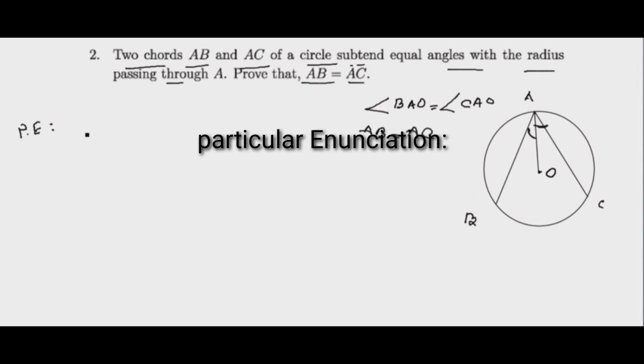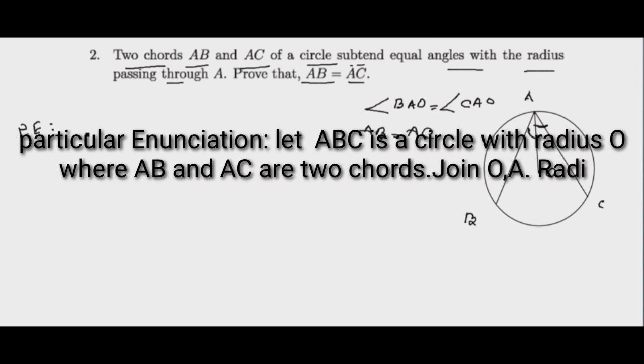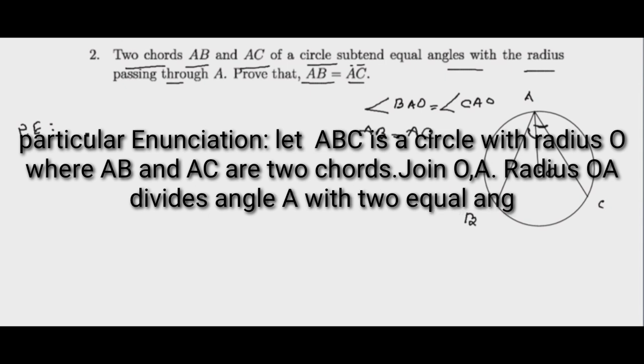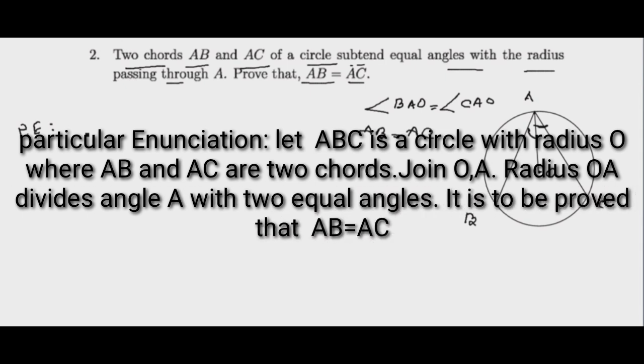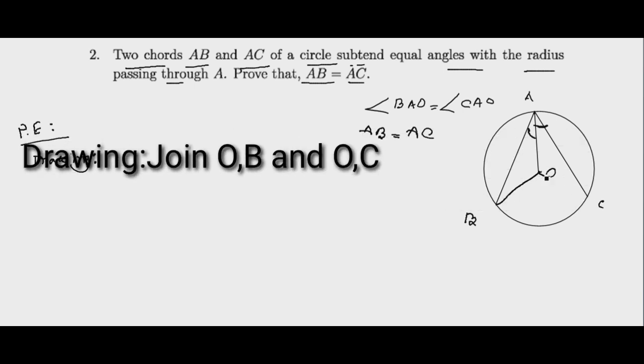Come to particular enunciation. Let ABC is a circle with center O, where AB and AC are two chords. Join OA. Radius OA divides angle A into two equal angles. It is to be proved that AB is equal to AC. To get two triangles, we need to join OB and OC.